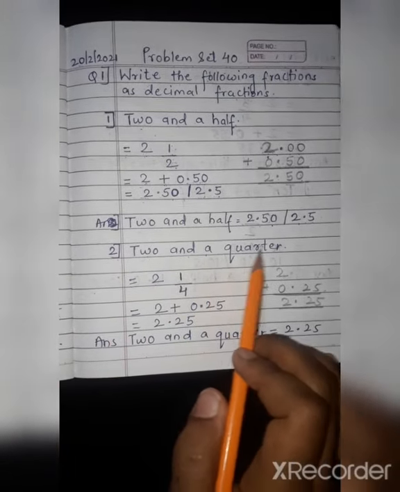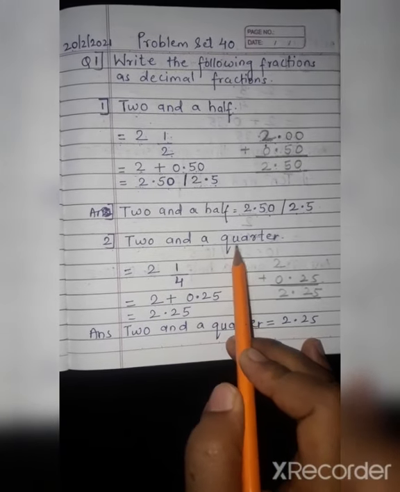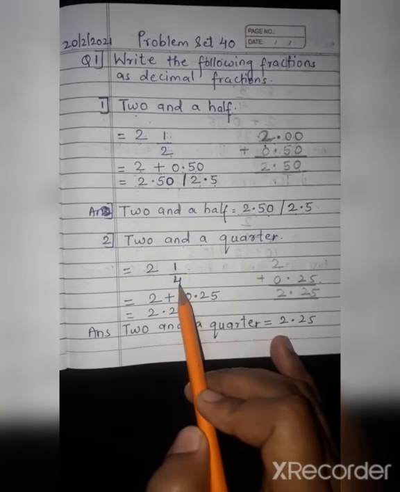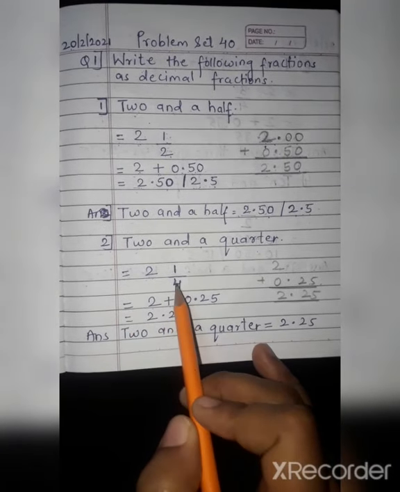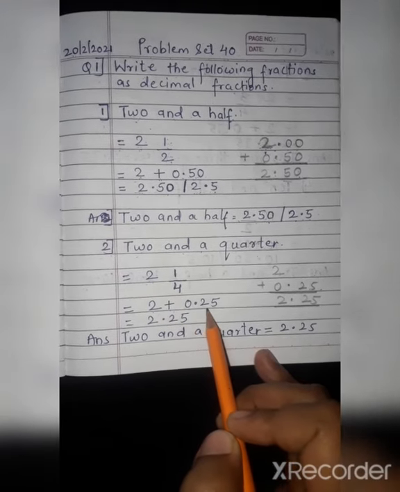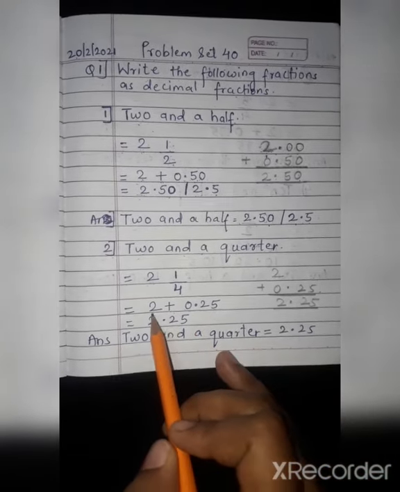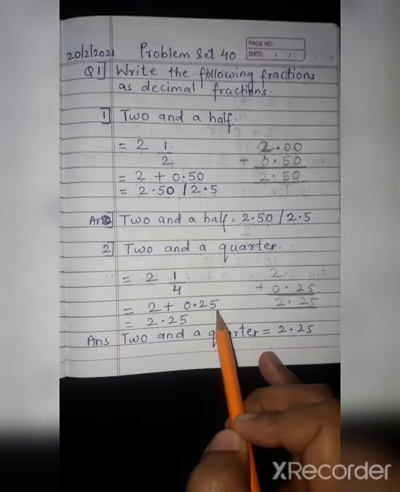2 and a quarter. So 2 you will write as it is, and what is the quarter? 1 upon 4. Next step, 2 plus, what is the value of 1 upon 4 in decimal? 0.25. So we will add both these, 2 plus 0.25.